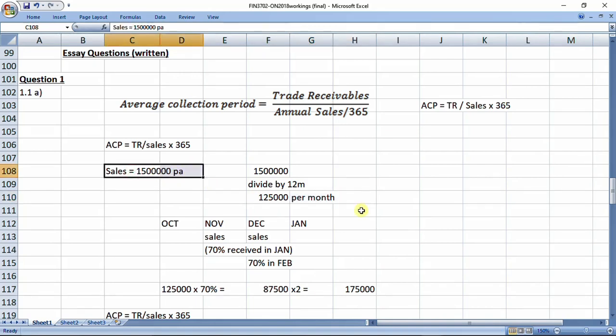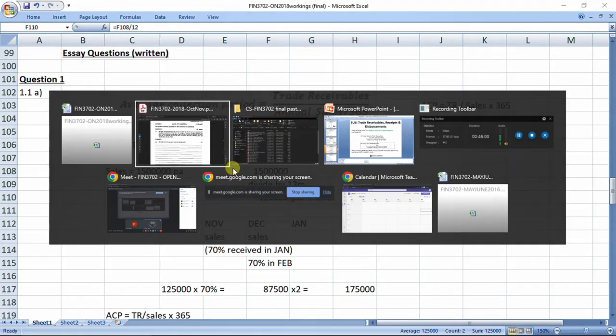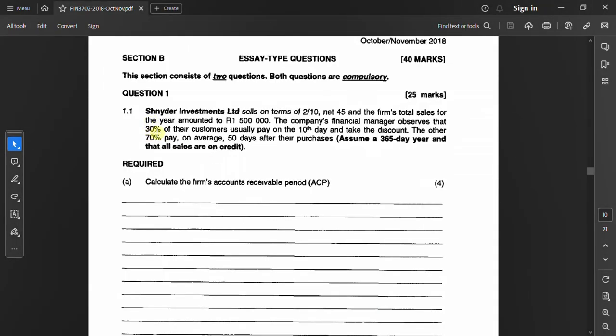You can write it as is, or you can also write it like this: trade receivables divided by the credit sales, times 365. That's also fine. If I divide by divide, I'm multiplying actually. So you can decide, you can leave it like that or like this. It doesn't really matter.